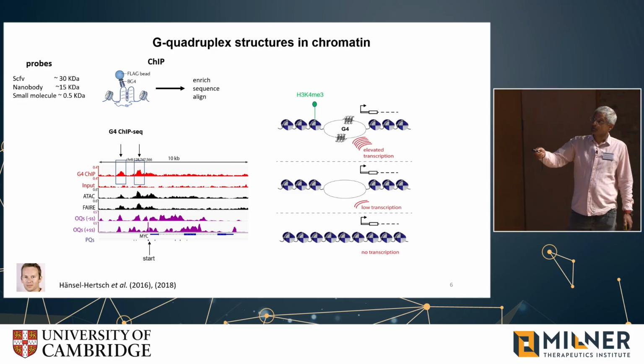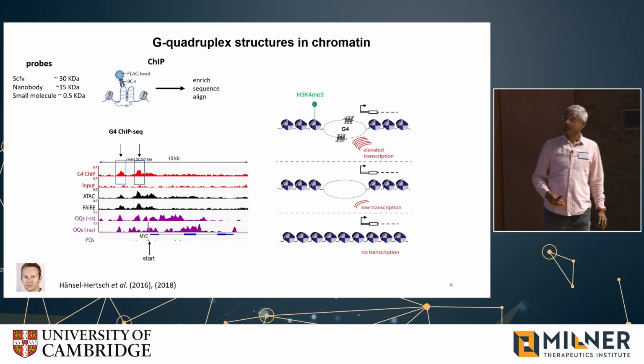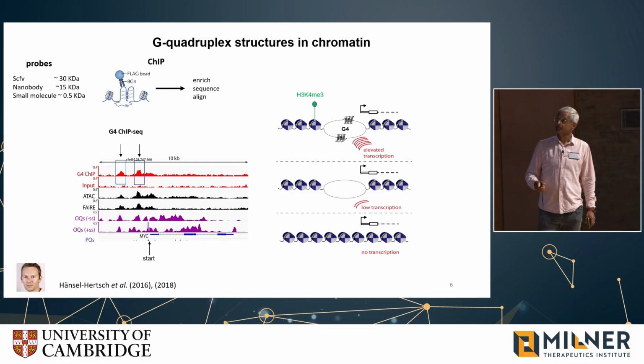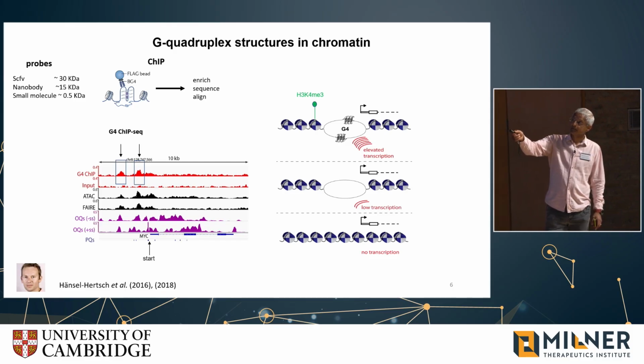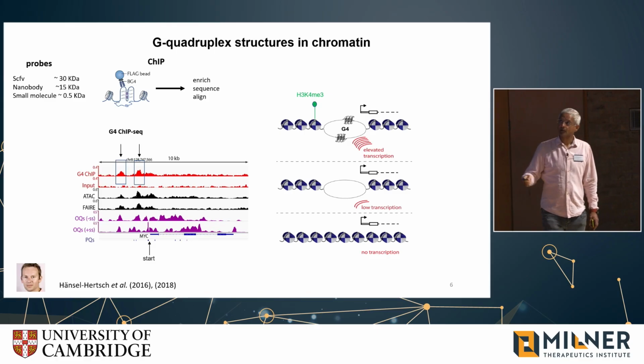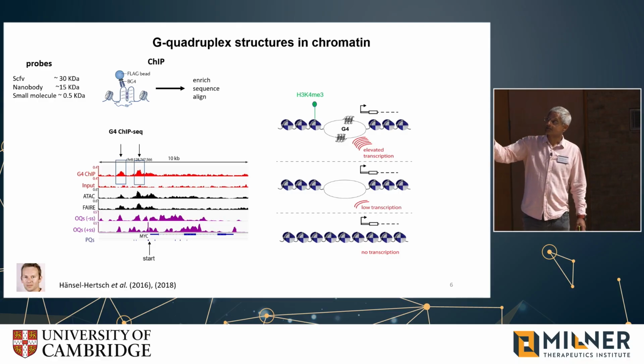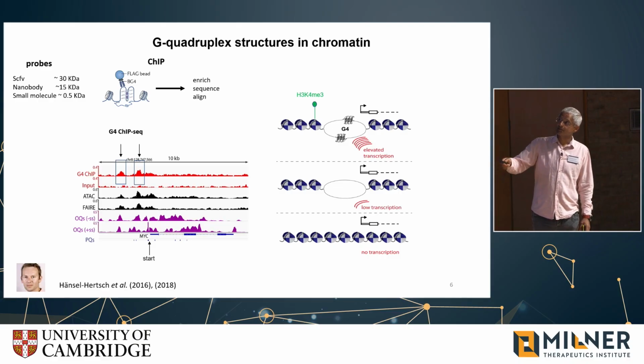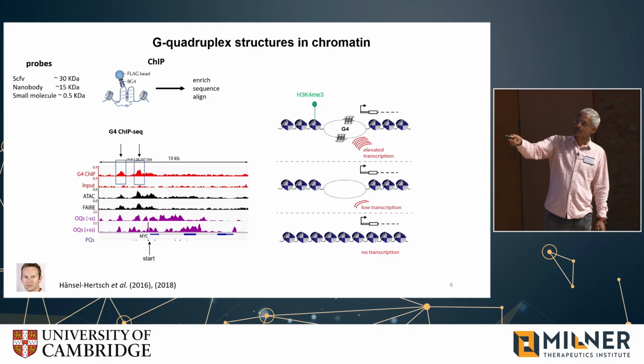And Robert was the first to carry out an experiment of this type. Chromatin immunoprecipitation, which Tony and others have pioneered to study chromatin biology, we can also do with DNA. So here what happens is you can fix chromatin, fragment it, engage with your structure-specific probe, isolate those fragments, sequence them, realign them to the genome, and you see peaks where you accumulate reads, and these peaks correspond to where these structures form.